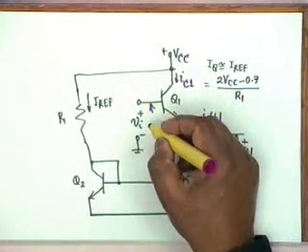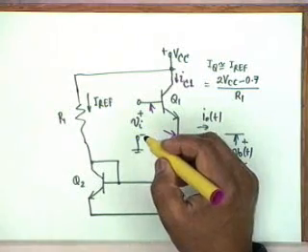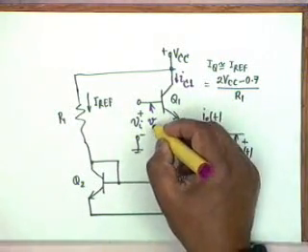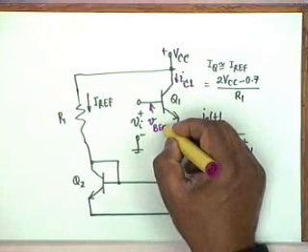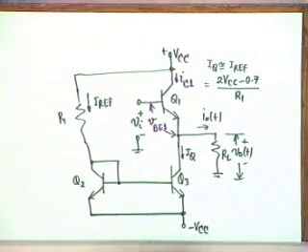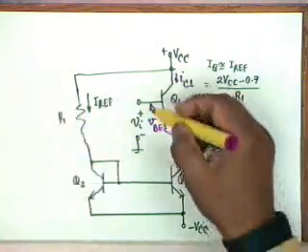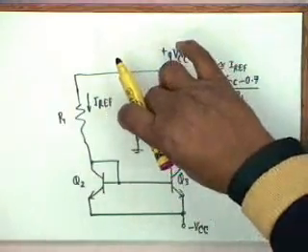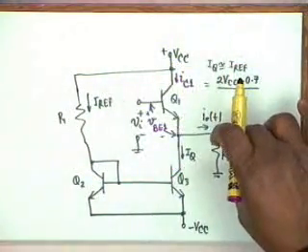So this voltage we no longer call capital V BE, but we call small v BE1, the total voltage. Then obviously the relationship is that VI is equal to VBE1 plus V0.